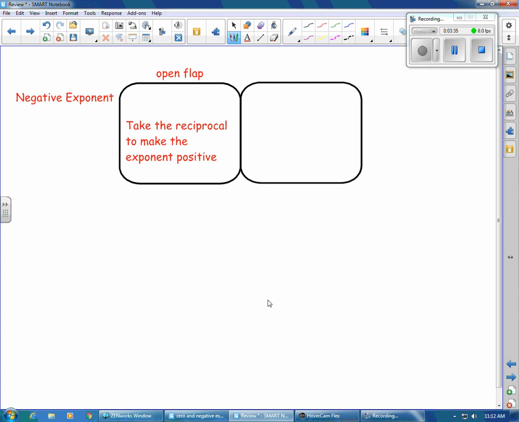Next one, negative exponent. That means we're going to take the reciprocal to make the exponent positive. So if I have x to the negative 4th power, taking the reciprocal of that would be 1 over x to the positive 4th power.